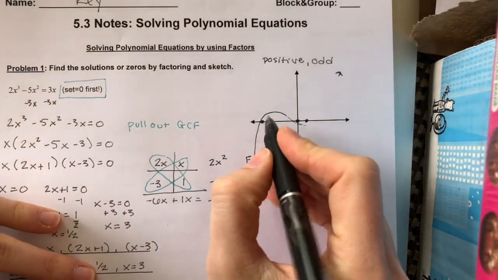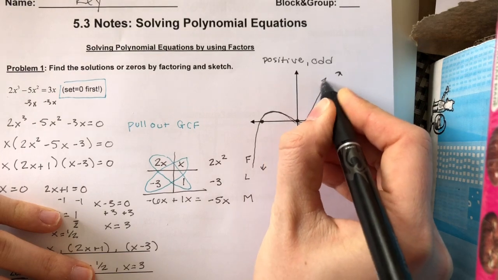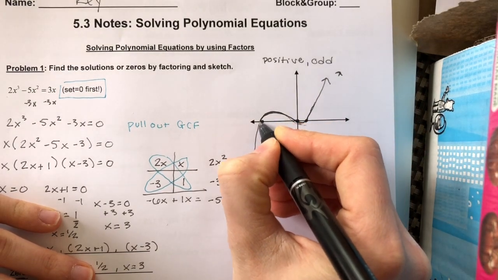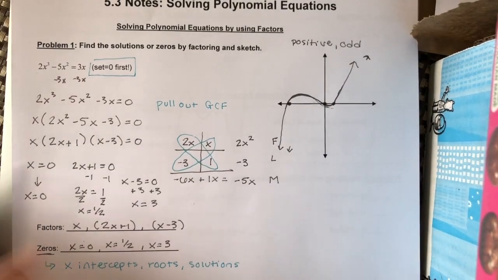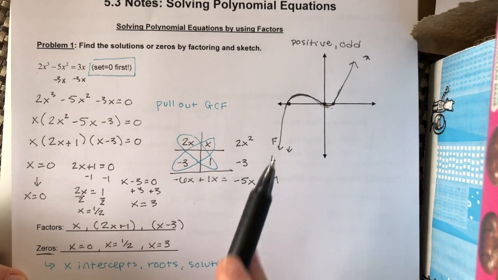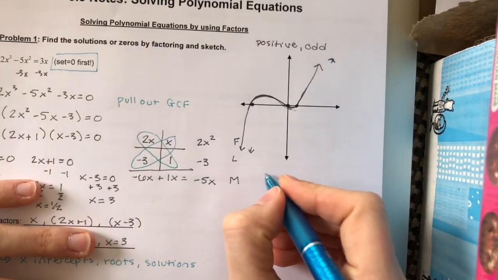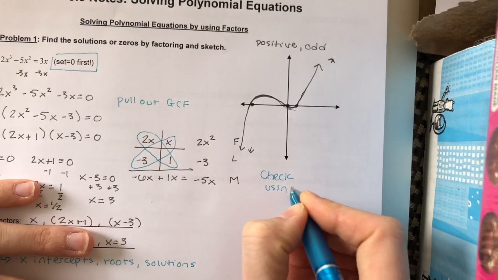Okay, each of the x-intercepts one time. And that's important. I go through them one time because each of them has a power of 1. Okay, and so that is a rough sketch of my graph. Remember, you can always check by using your calculator.